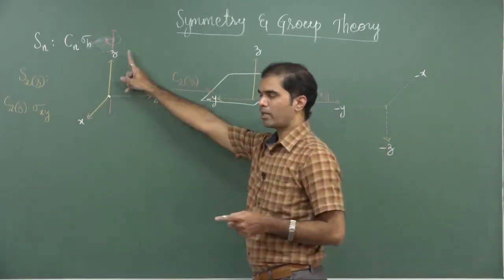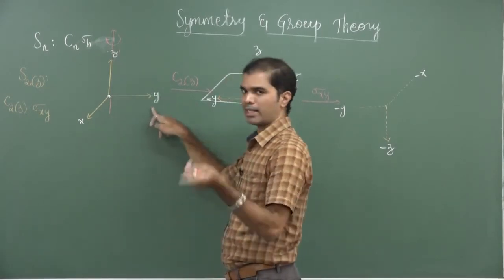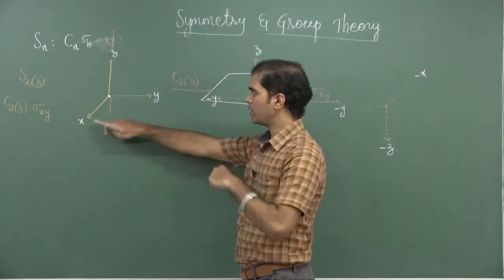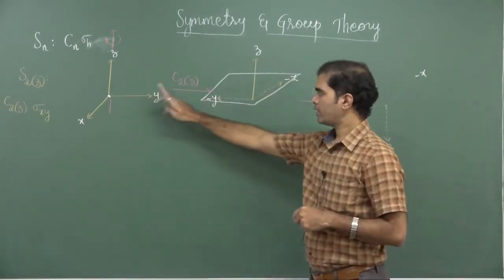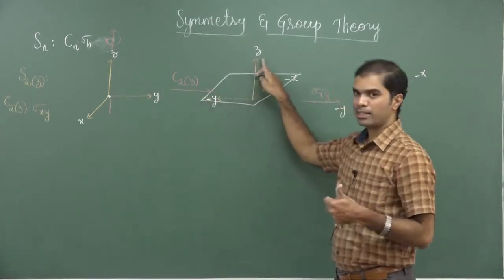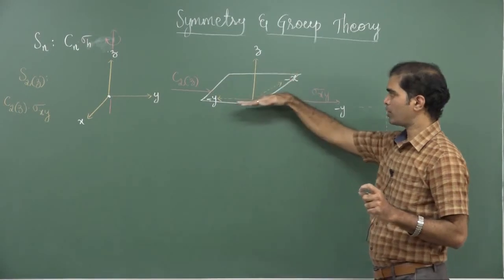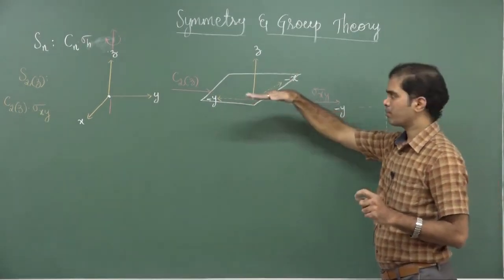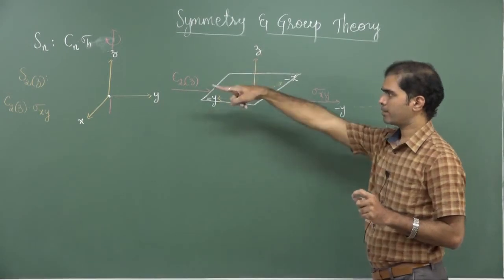As I perform C2 along z, that particular coordinate will not exchange, whereas the other 2 coordinates will shift into the opposite phases. So x is entering into minus x, y is entering into minus y, z is intact. This is only half an operation. This must be followed by another operation, which is a plane passing perpendicular to the z, because this is our conventional rotational axis, C2 along z.